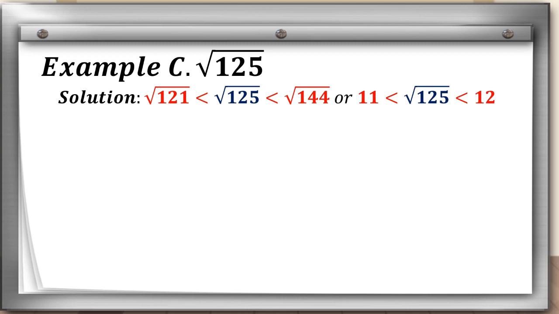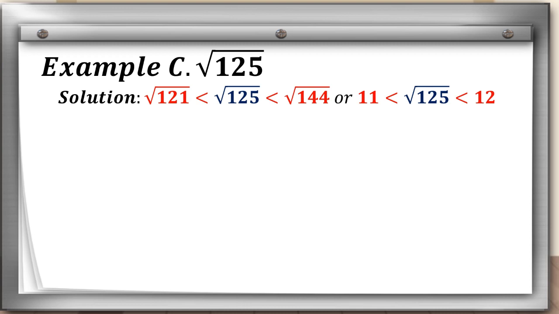Kung mapapansin ninyo, nasa gitna ng square root of 121 at square root of 144 ang square root of 125. Therefore, extracting the square roots, ang square root of 125 ay nasa gitna ng 11 at 12.